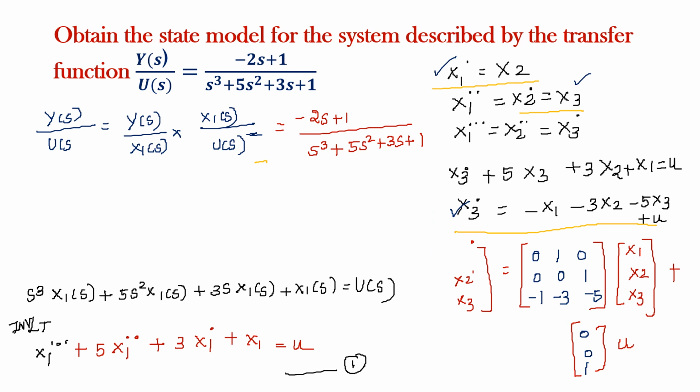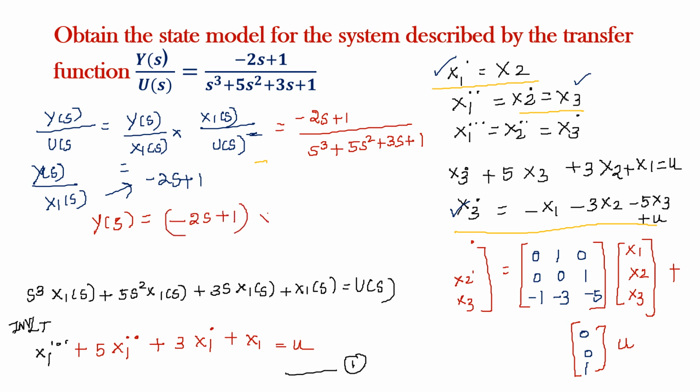So y of s by x1 of s equal to minus 2s plus 1. Here also we have to cross multiply this equation. So y of s is equal to minus 2s plus 1 into x1 of s.